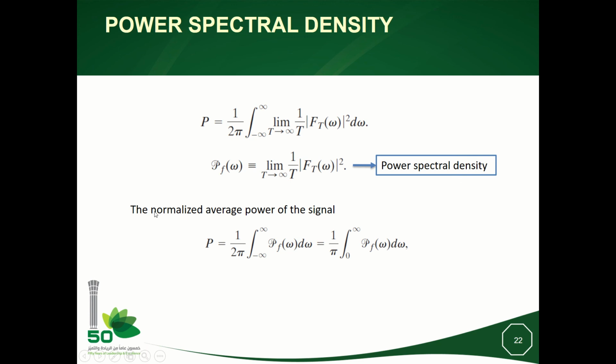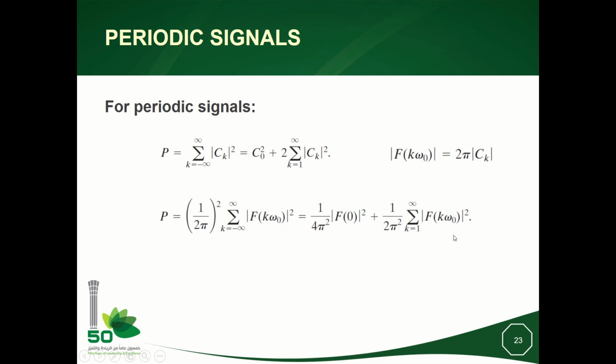The normalized average power of the signal, so the P will be 1 over 2π, the integral from minus infinity to plus infinity of the power spectral density P sub f of ω. Okay, and also it is an even function, so we will have this value of the power will be 2 times the integral from 0 to plus infinity P sub f of ω dω.